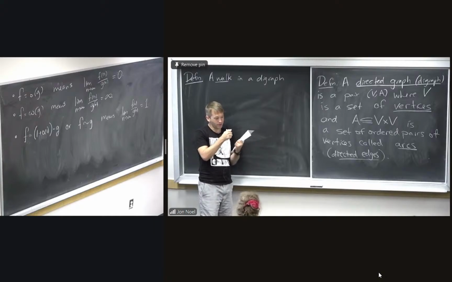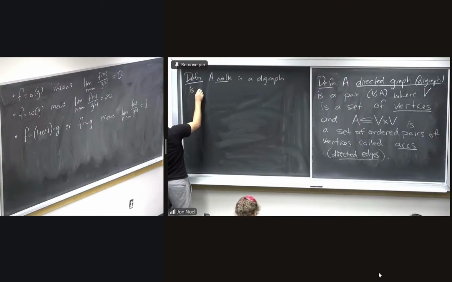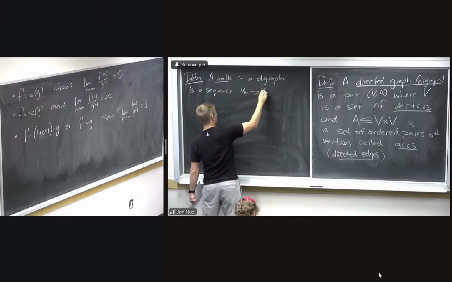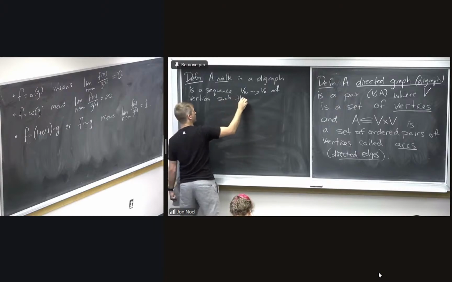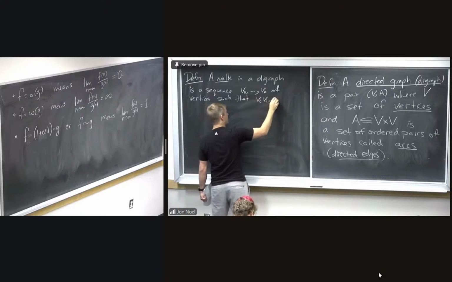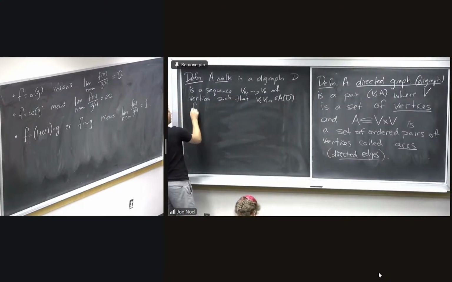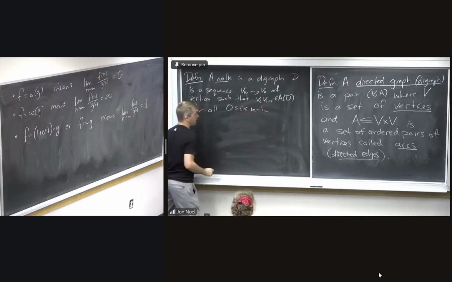If there's an arc from U to V, I can take a step from U to V. So a walk in a digraph is a sequence V0 up to Vk of vertices such that V i, V i plus 1 is an arc of the digraph D for all indices i.